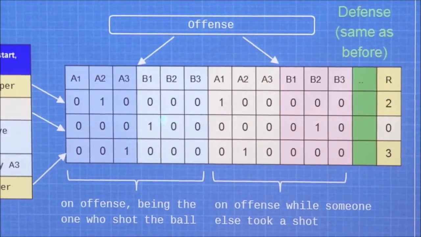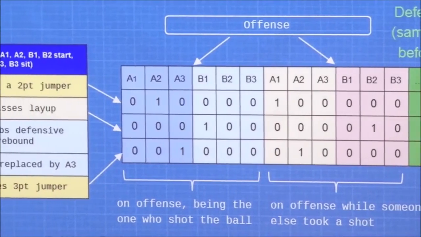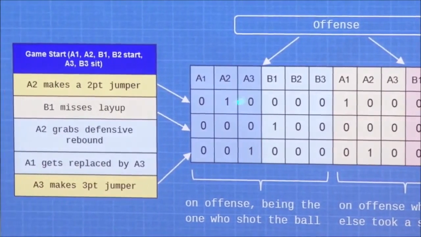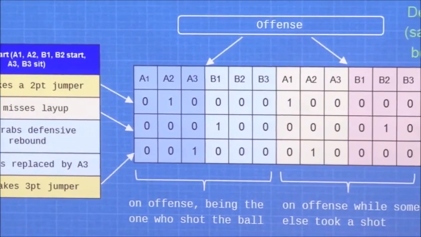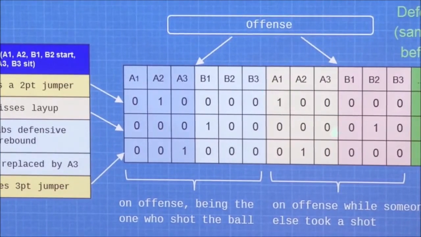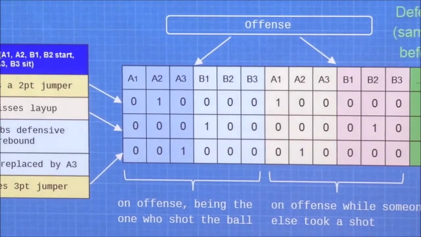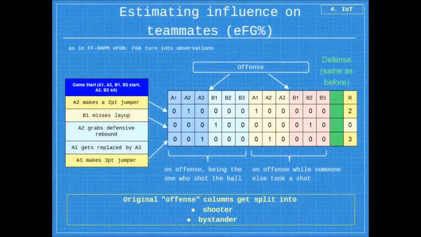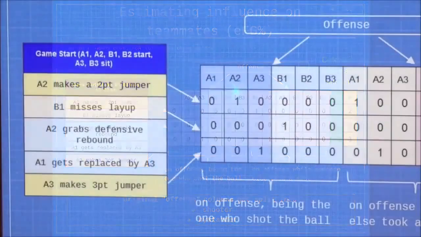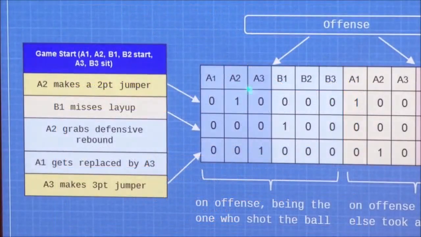The blue-gray ones over here signify when a player is actually taking a shot. And these yellow, pinkish ones signify when a player was on the court, but not actually taking the shot. So now we actually care about who was taking the shot. Before we only cared about whether a player was on the court or not, but now we care who took the shot. Since in our first observation player A2 made a two-point jumper, he was the one who took the shot, so his dummy variable for this shot-taking column gets activated.